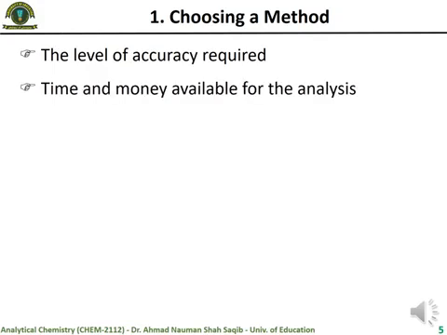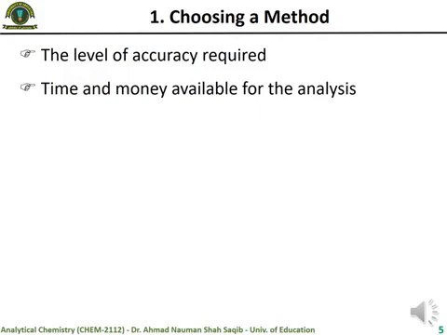And the second important criteria जो determine करता है आपका method for analysis, that is time and money. There are different techniques which require a huge amount of time, and they are very expensive as well.